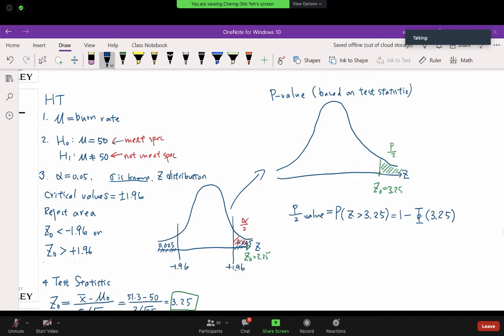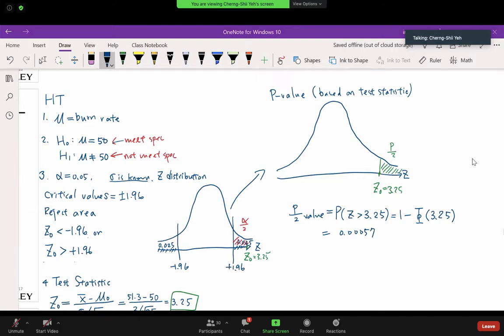Actually, let me see if I can derive that value. There we go. So that value is 0.0057.